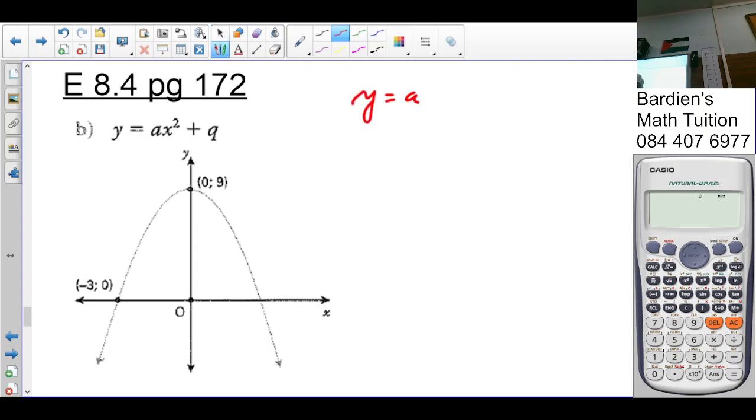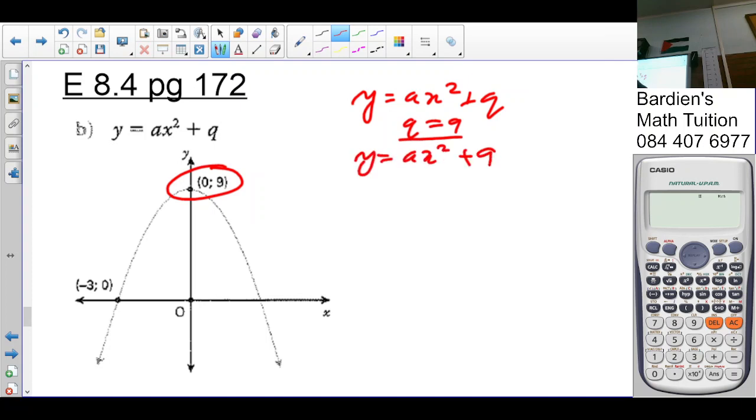So you've got y is equal to ax squared plus q. We know what q is. Q is equal to 9. So y is equal to ax squared plus 9. To calculate a, we substitute another point lying on this graph, negative 3 and 0.